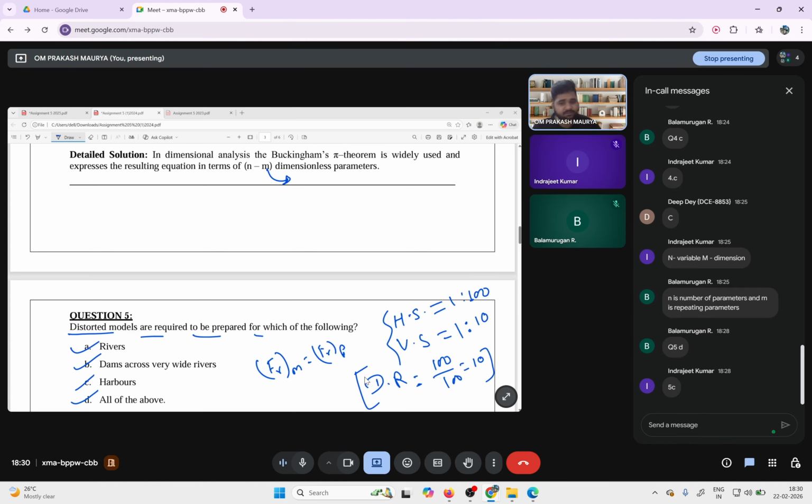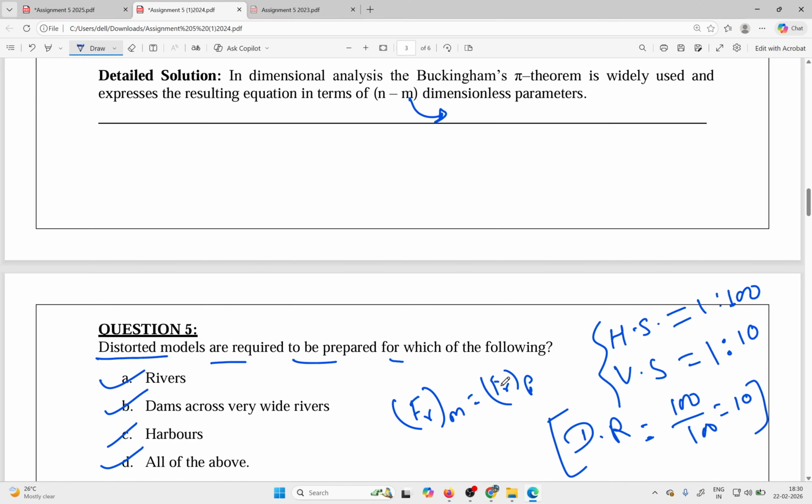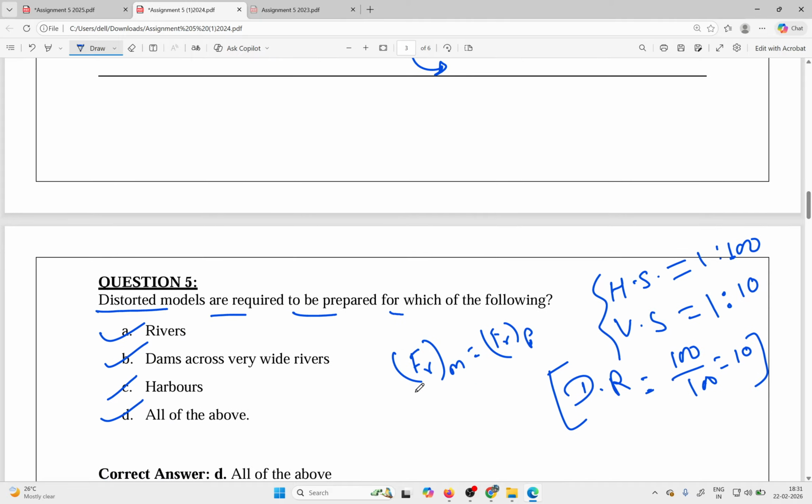Okay, so let me just explain. So here, for modeling of rivers, dam and harbor, you need the distorted model for all. You cannot go with the exact model without any distortion. Why? Because in the modeling you need to flow the water depth.